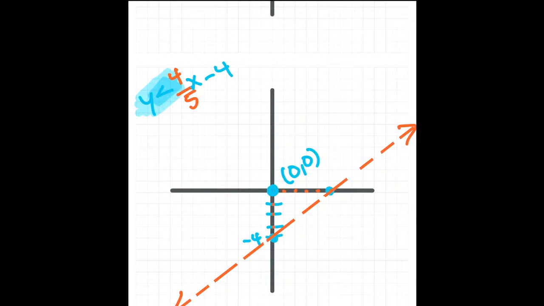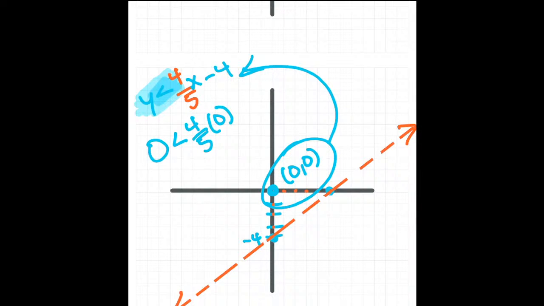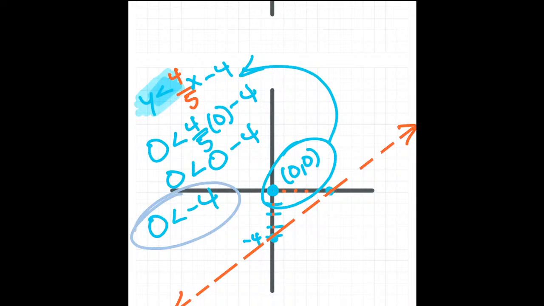All right, so let's try 0, 0. I'm going to plug in 0, 0 for this to see if it is above the line. 0 is less than 4/5 times 0 minus 4. Therefore, 0 is less than 0 minus 4. Therefore, 0 is less than -4. Is that true? Is 0 less than -4?